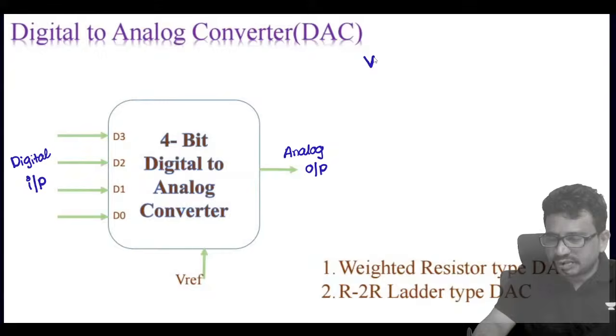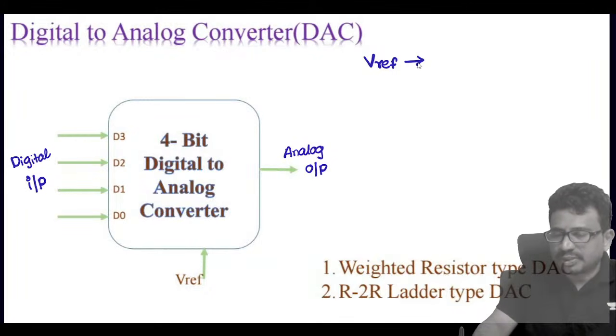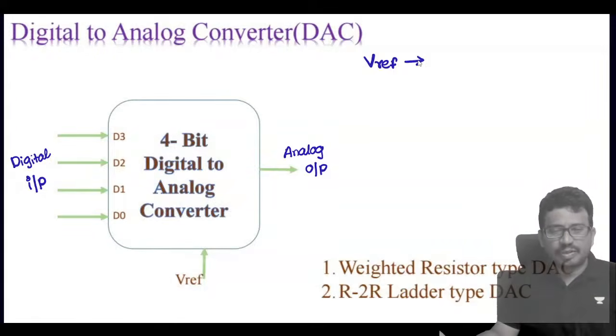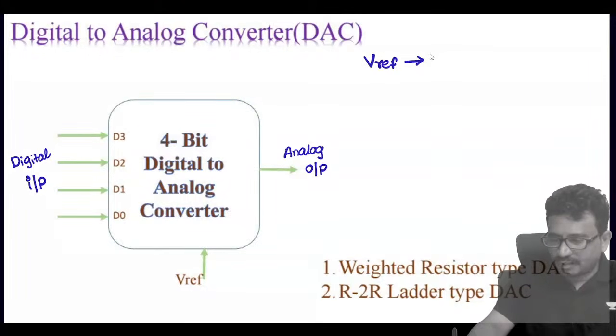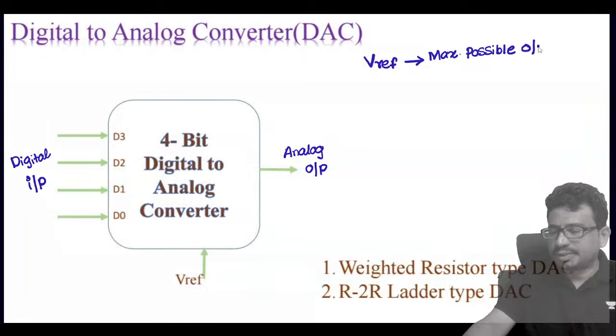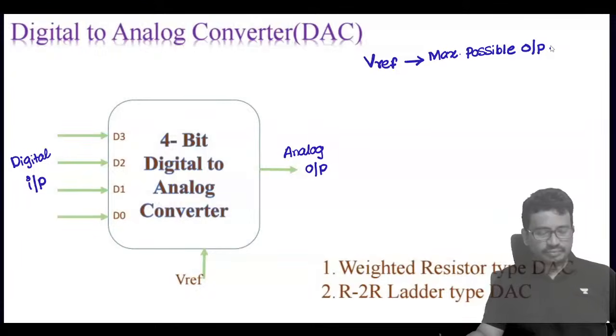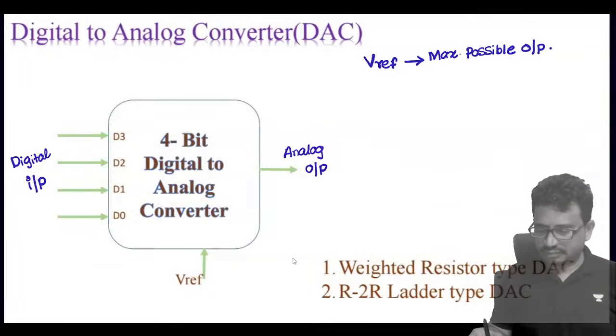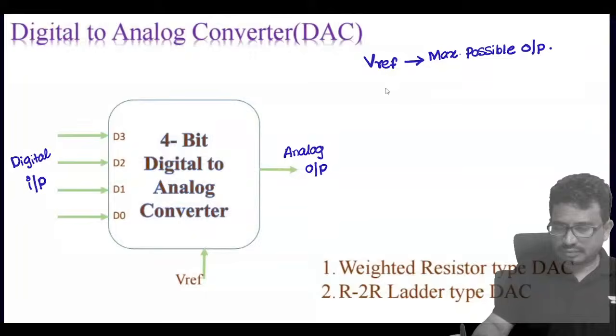Tell me now, that is the maximum possible output, which is called the V reference, and it is equal to the maximum output, V0 maximum.